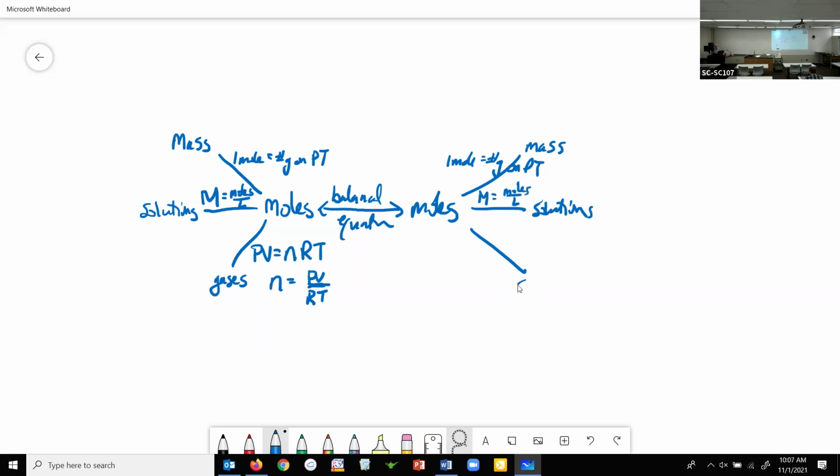And if we're dealing with gases, it's the same relationship, the ideal gas law, PV equals nRT, but typically we're solving for volume instead: V equals nRT over P. So the only difference between into moles and out of moles is the way we set up the conversion, the way we set up the algebra. We're usually looking for a different quantity, but the relationship is the same one.